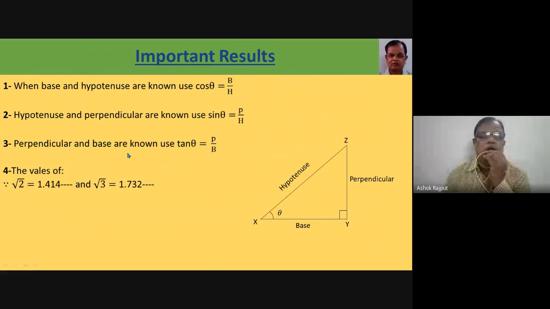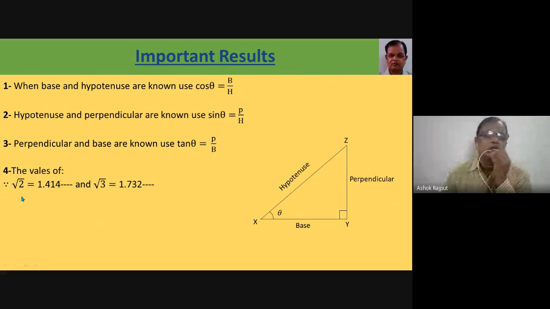When the perpendicular and base are known, we use tan theta equal to perpendicular upon base. Or we can say when we want the relationship between the perpendicular and base, then we use tan theta. Some values are given which are most probably used.